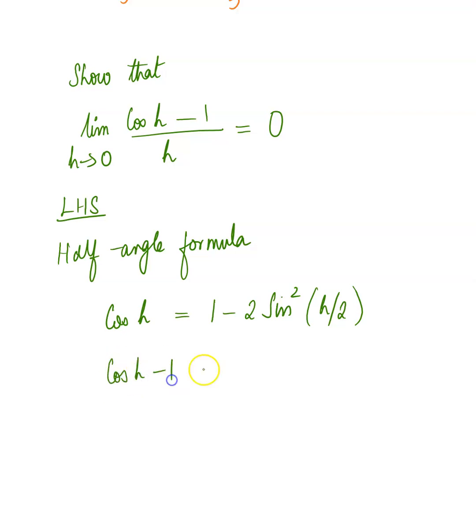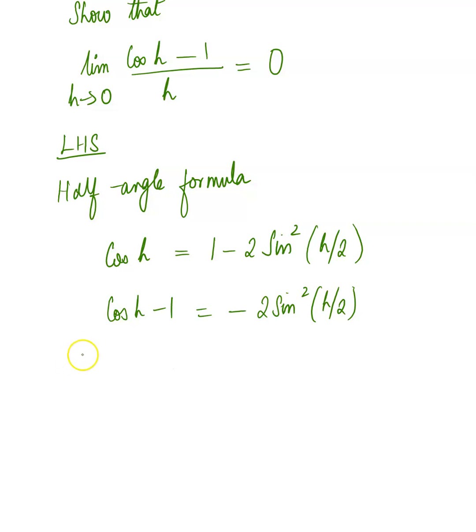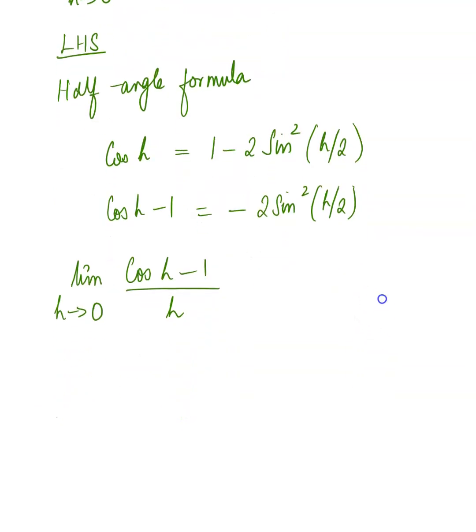So cosine h minus 1, subtract 1 on both sides, will be negative 2 sine squared h over 2. So I'm going to use this on my left-hand side. So the left-hand side is like this, cosine h minus 1 over h as h approaches 0, and replace the cosine h minus 1 with negative 2 sine squared h over 2 divided by h.